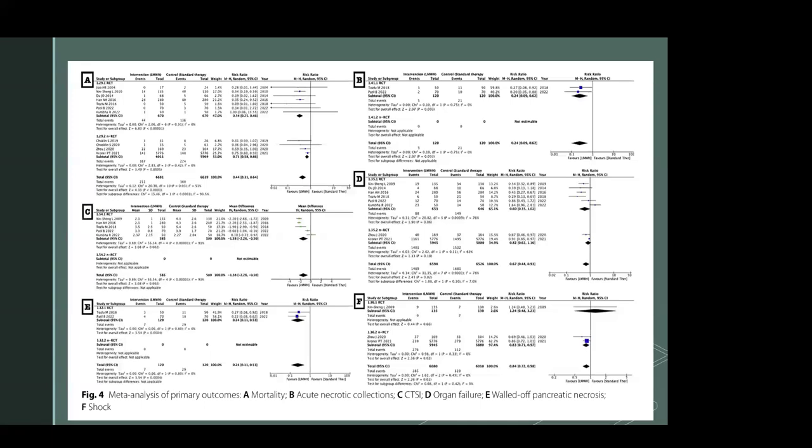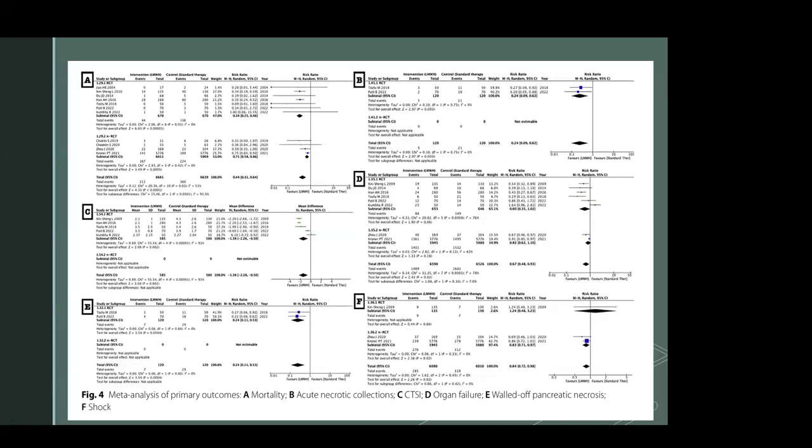They have also used the forest plot for the meta-analysis of the primary outcome. Herein, in this meta-analysis of the primary outcomes, A is representing mortality, B is acute necrotic collections, C is CTSI, that is CT severity index, D is organ failure, E is walled off pancreatic necrosis, and F is shock.